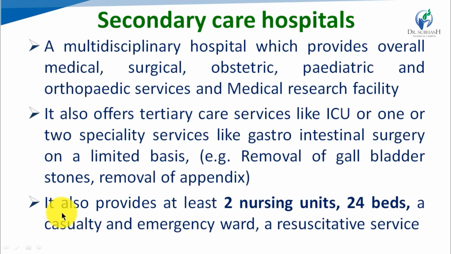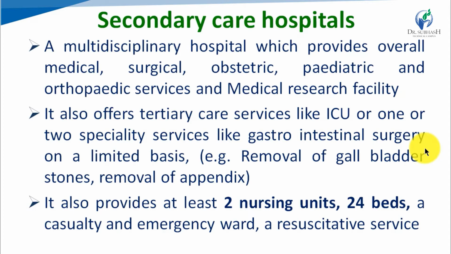Then it also provides at least two nursing units, which include 24 beds, and a casualty and emergency ward and resuscitative service. See, resuscitative service also plays an important role in a secondary care hospital.